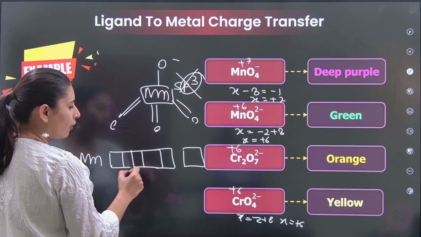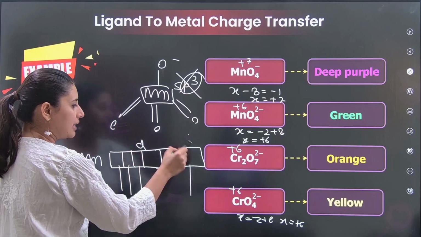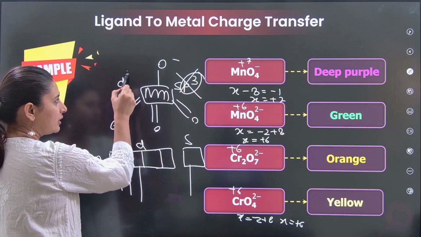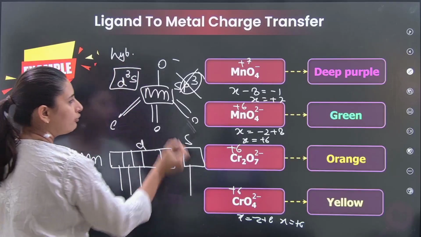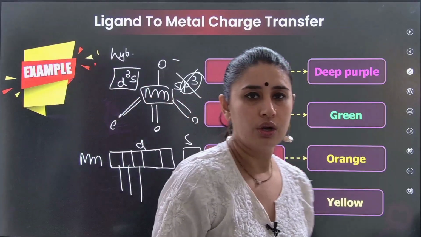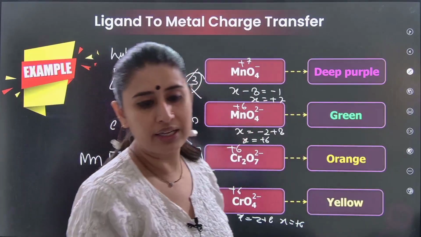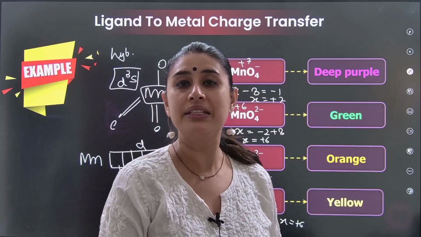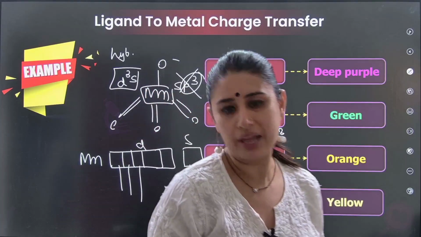What gets involved are the 3 orbitals of the d and 1 s, giving it d3s hybridization, be it for MnO4 minus or Cr2O7 2 minus or CrO4 2 minus or MnO4 2 minus. All of these have d3s hybridization. That's also a question that can be asked.